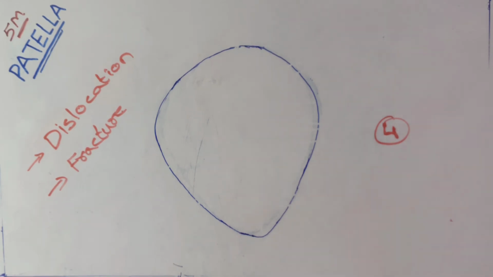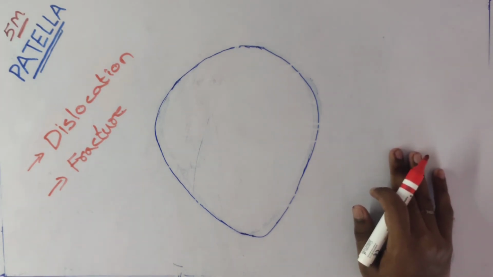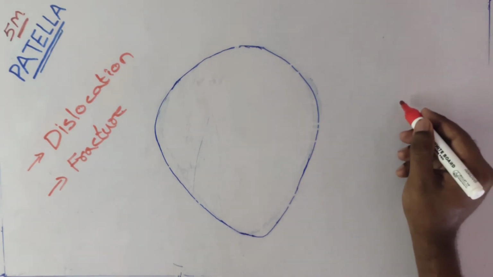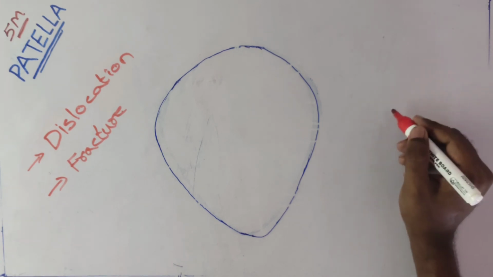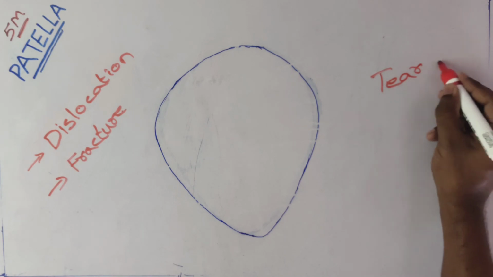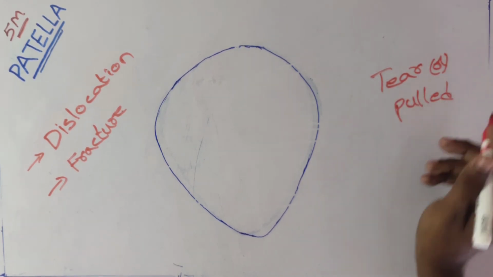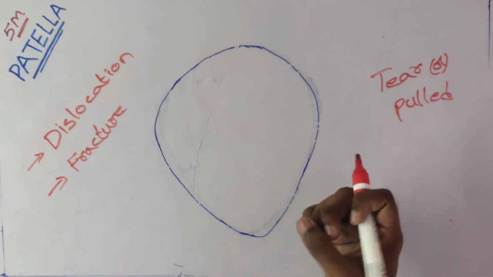While studying the tibia we will learn more about the tibial tuberosity. Avulsed means torn or pulled. That tibial tuberosity gets avulsed.